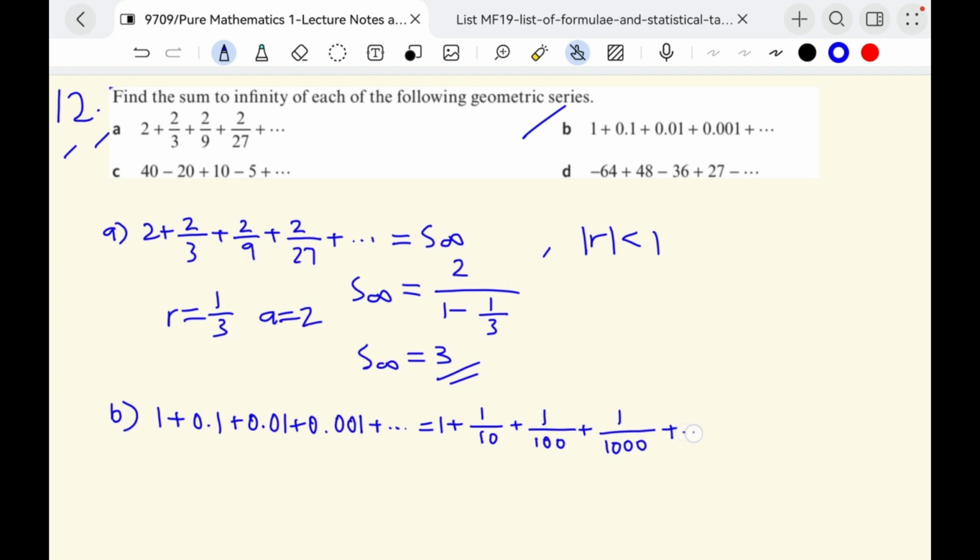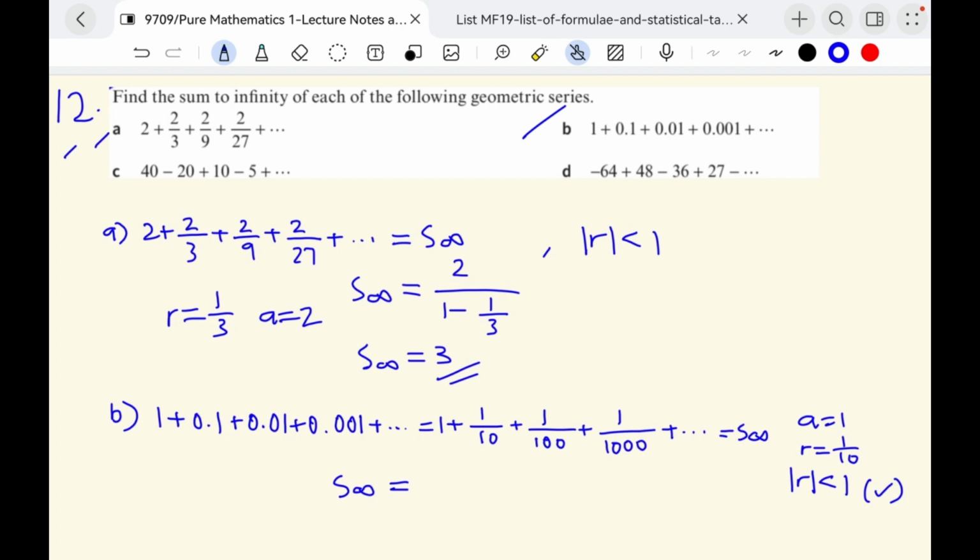What you can see is the degree of the denominator 10 is increasing: 1, 2, 3, and so on. So the sum of infinity for B, the first term is 1. What is the common ratio? It's 1 over 10. Is 1 over 10 less than 1? Yes. Because the modulus of r is less than 1, it's valid.